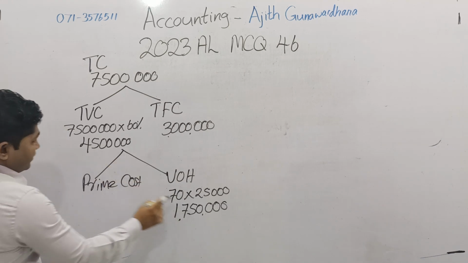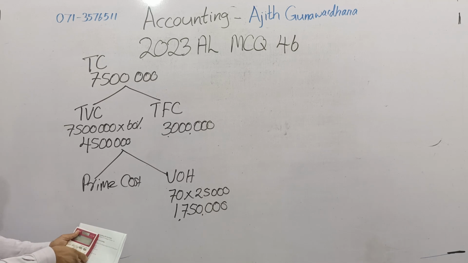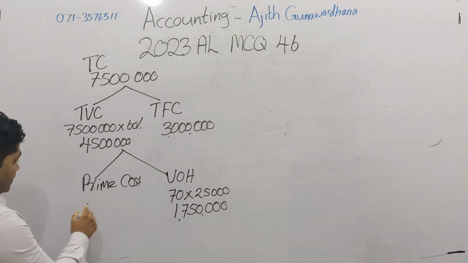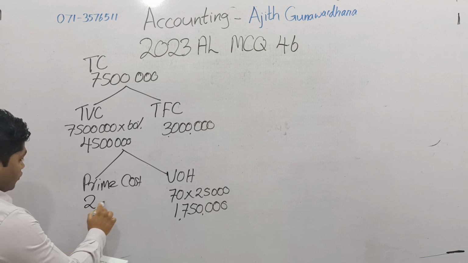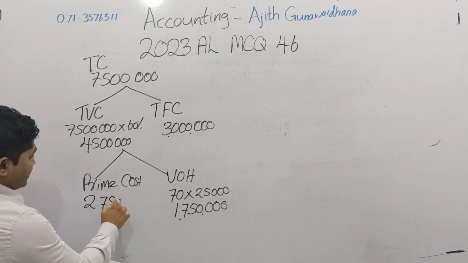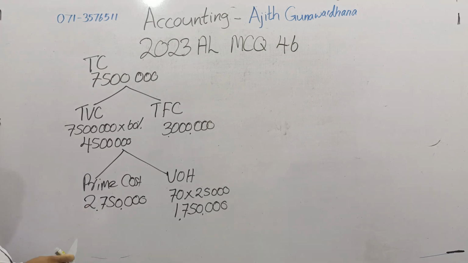From the total variable cost, deduct this value, and prime cost can be calculated. Therefore, 4.5 million minus 1,750,000 is the total prime cost. Prime cost equals 2,750,000.